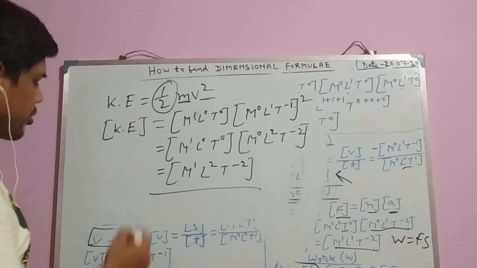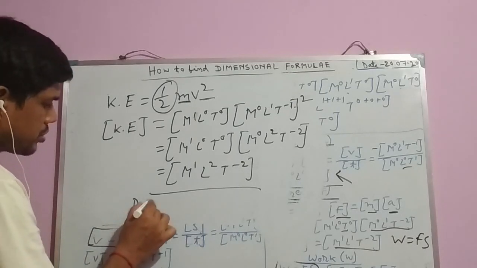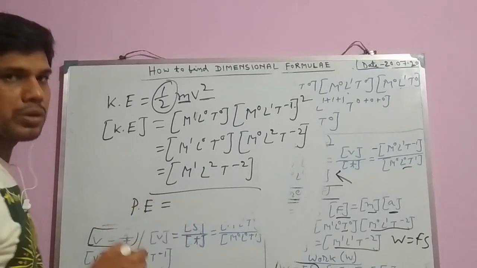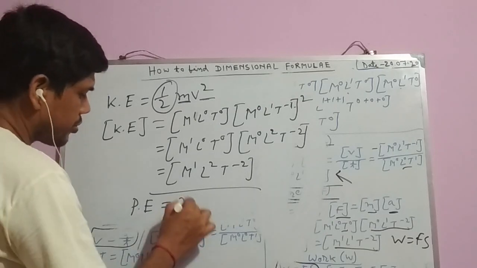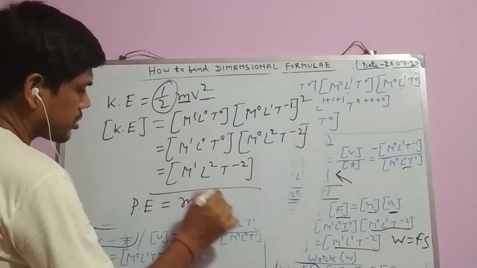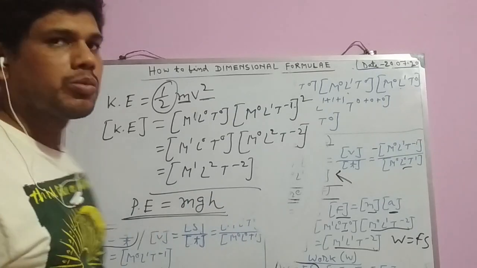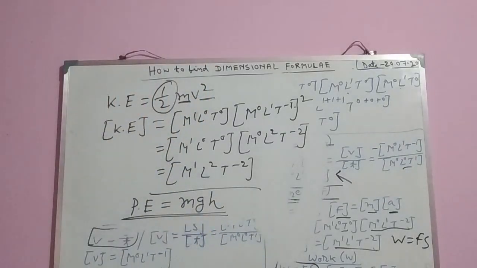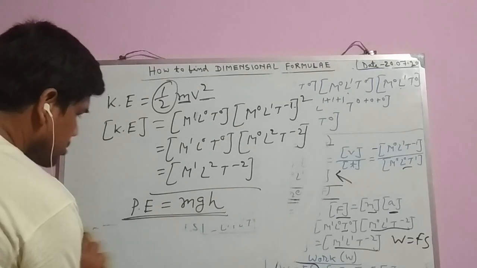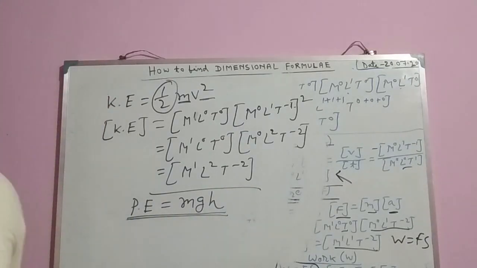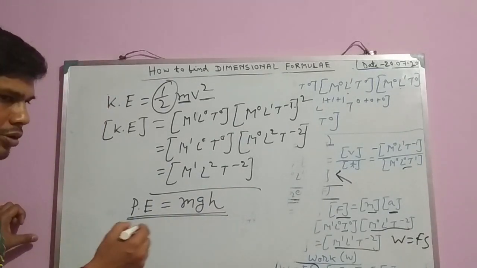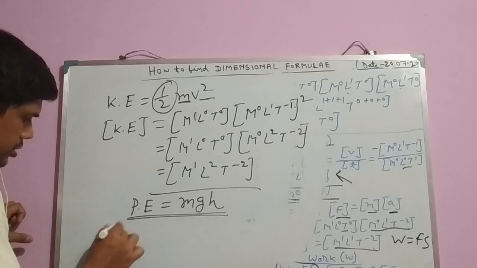Same way, you can find the dimensional formula of potential energy. Before finding it, you have to memorize this formula, already discussed. So you write the dimensional formula of potential energy. And also find out the dimensional formula of a sphere whose radius is r.